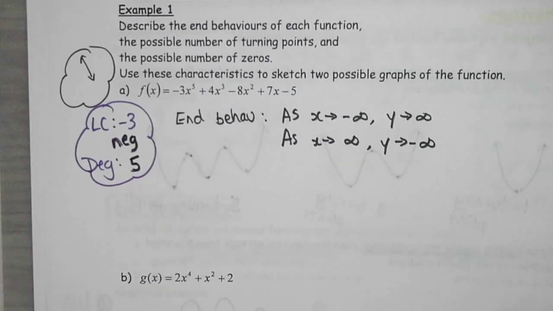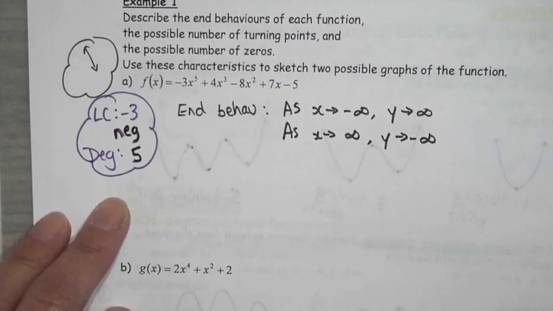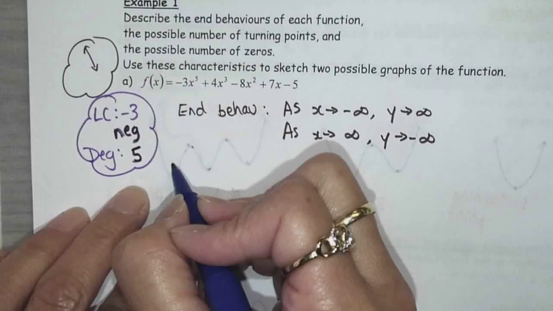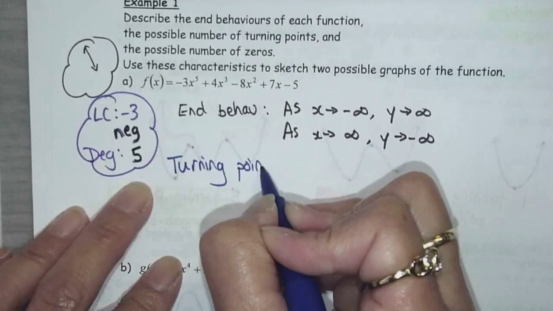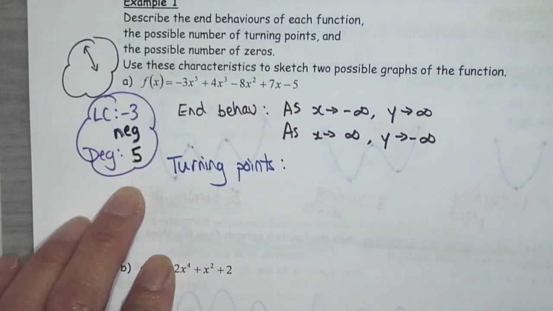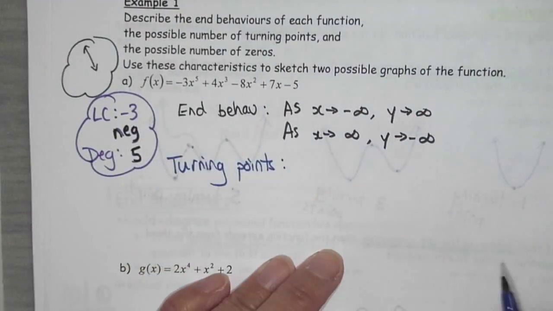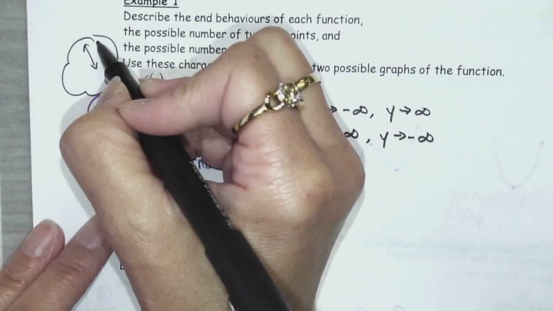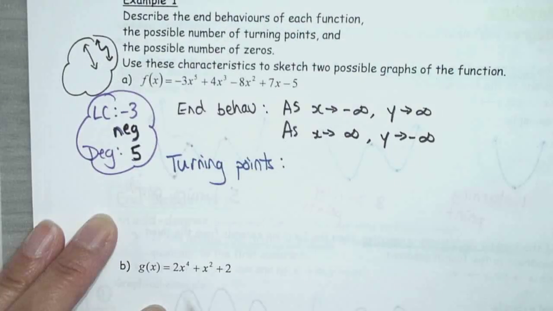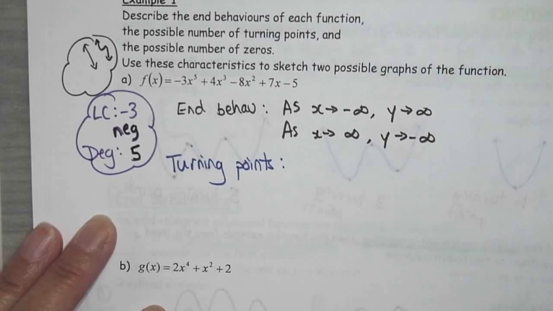Okay. Turning points. For turning points, I want to know how many possible turning points there can be. If you drew this and it doesn't help, you can draw it a little fancier, do a little wiggle for yourself. So how many turning points?